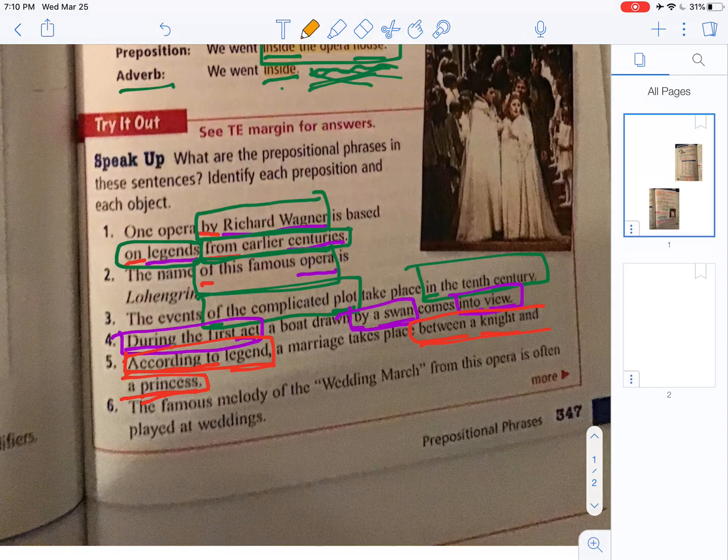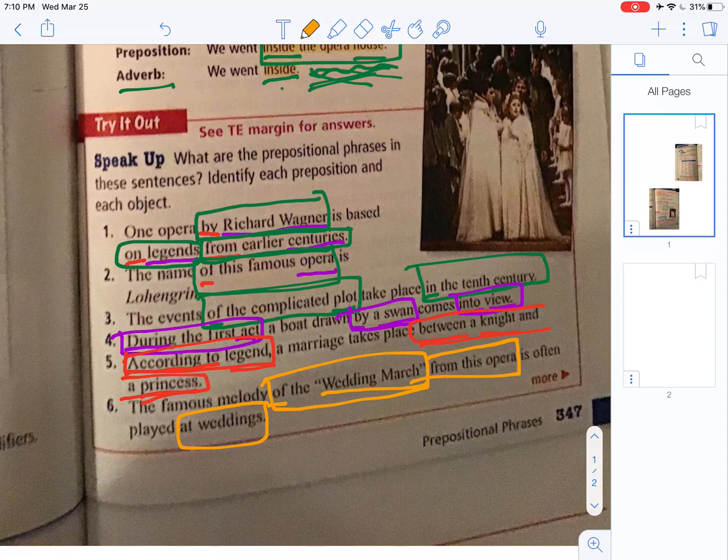And then my last sentence here, the famous melody of the wedding march from this opera is often played at weddings. So, of the wedding march is my first prepositional phrase. From this opera is another one. And at weddings is my last prepositional phrase. Of is a preposition.